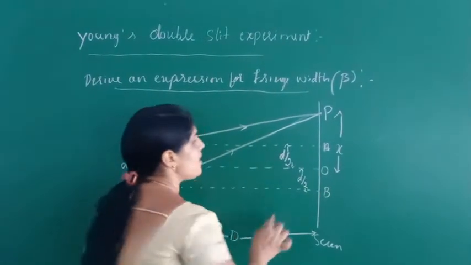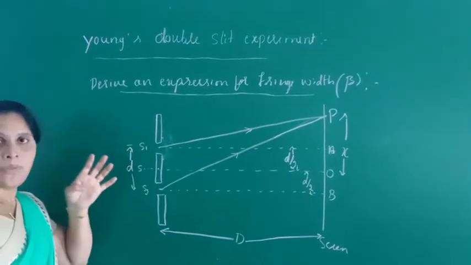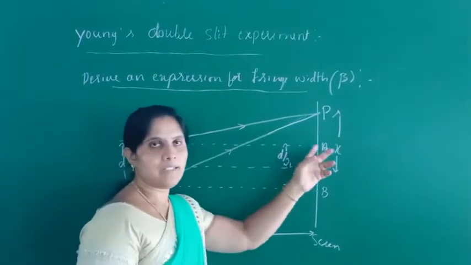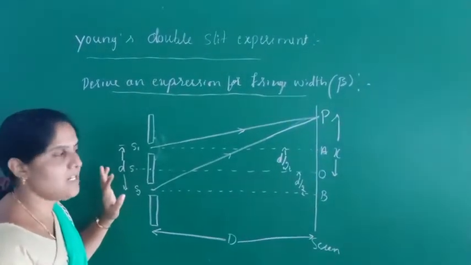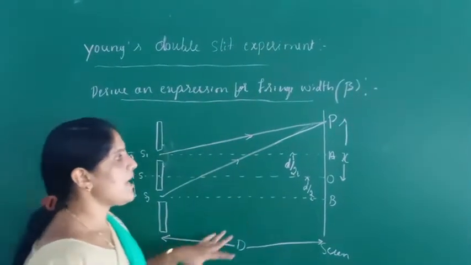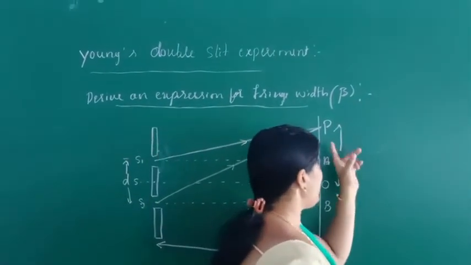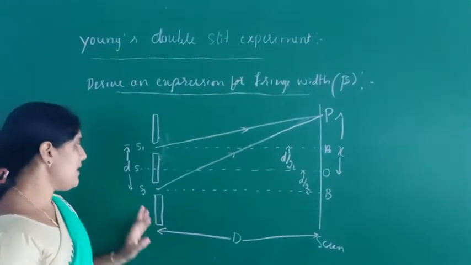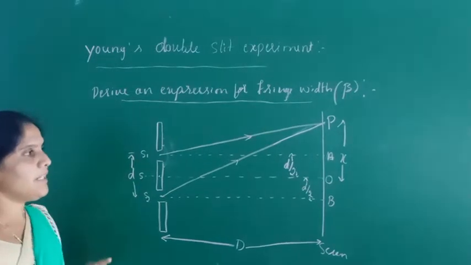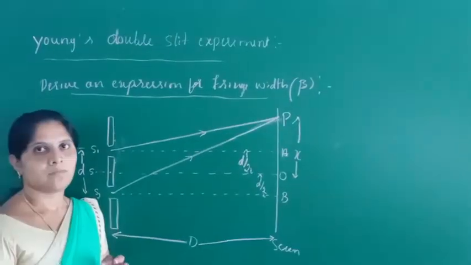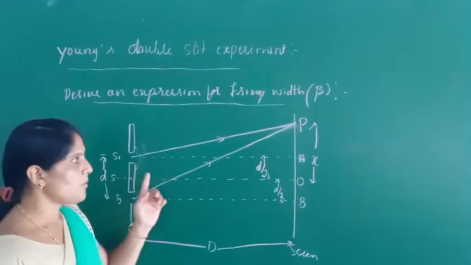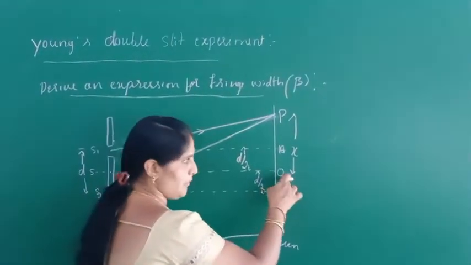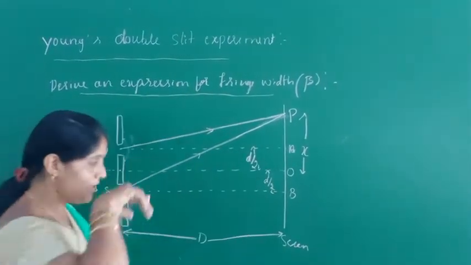S1 and S2 are the two coherent sources. P is the point on the screen where the interference pattern is produced from these two sources. Capital D is the distance between screen and double slit, and small d is the distance between the two slits. The central bright fringe is formed at the point O. After this, alternate bright and dark fringes are produced.